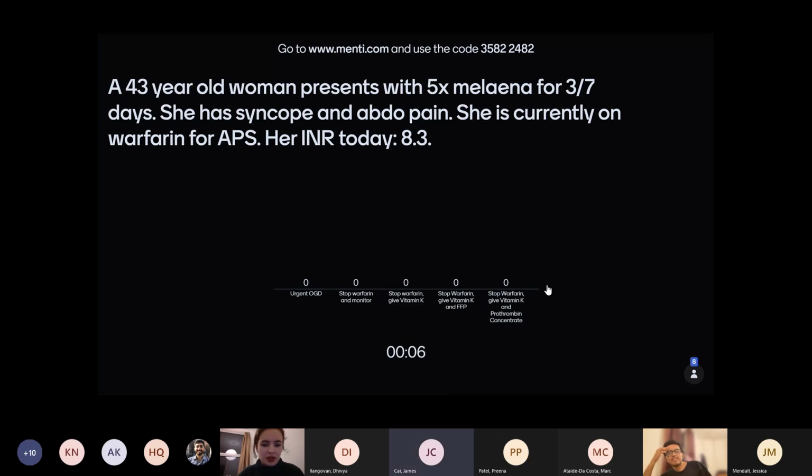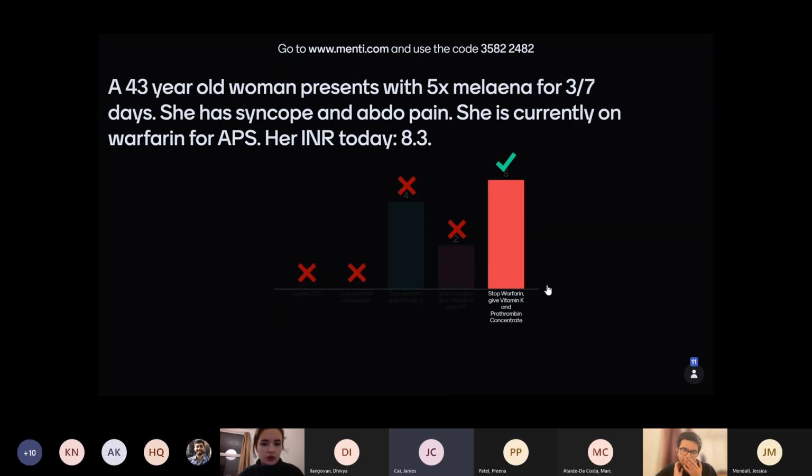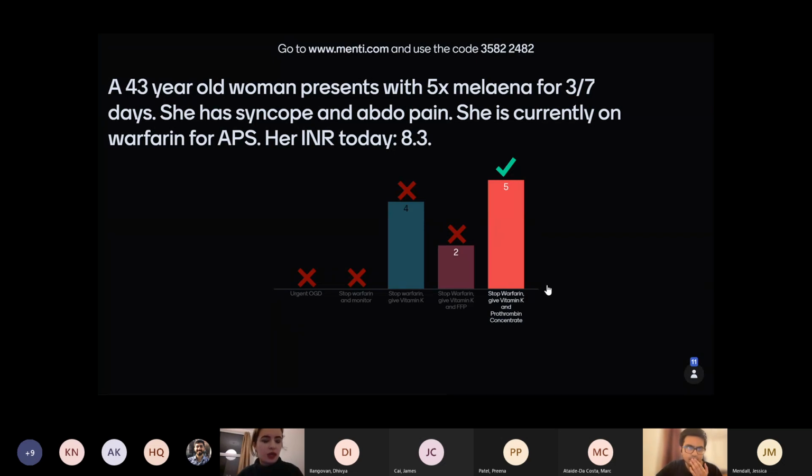I think maybe for this case, no, but with high INRs, the explanation on past med is out of date. So I did this on my previous presentation just from the BNF, so it should be up to date. Basically this woman is actively bleeding, and her INR is above 8, so those are huge warning signs, because her INR realistically should be between 2 and 3 or 3 and 4, depending on the severity of her antiphospholipid syndrome. So you've all put stop the warfarin rather than jumping to an OGD.